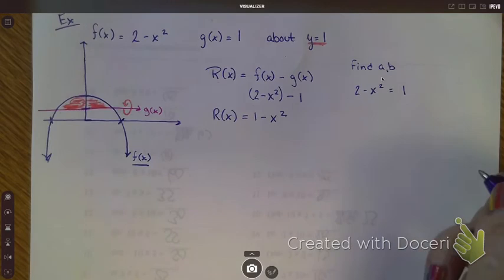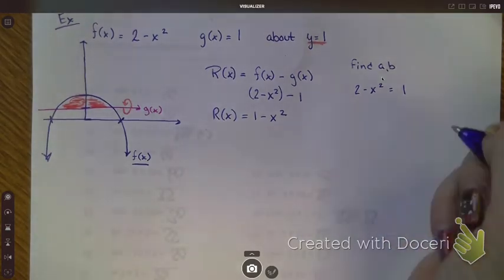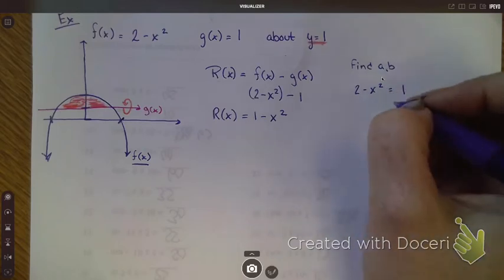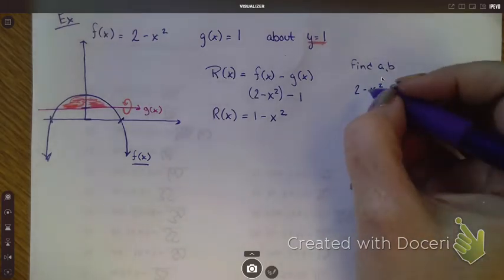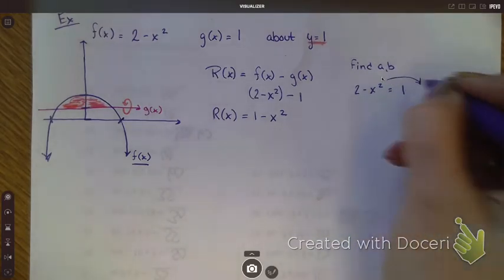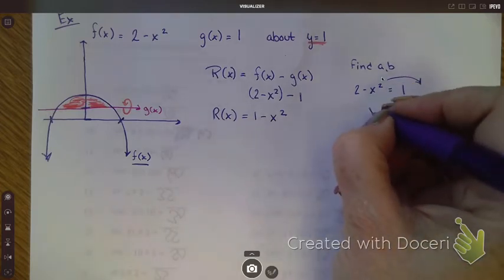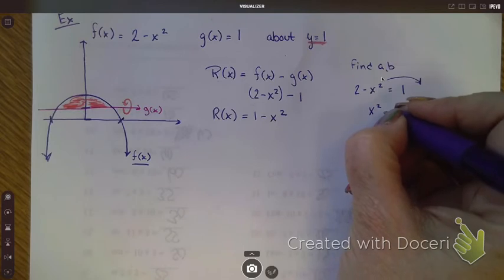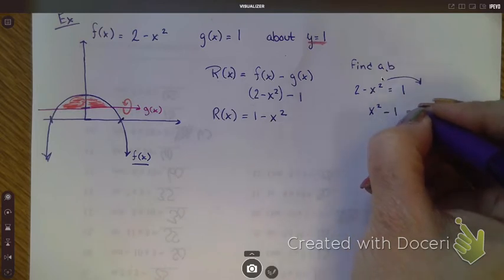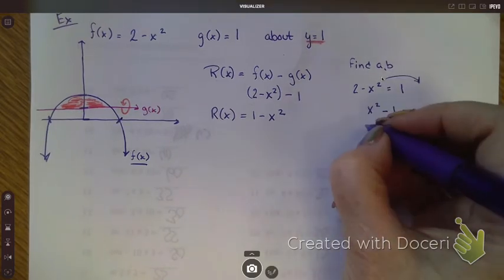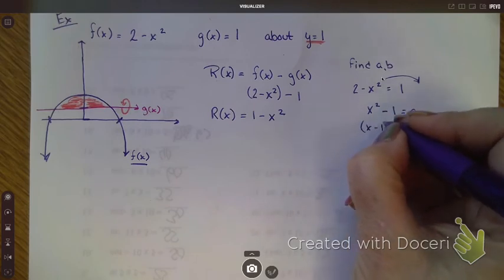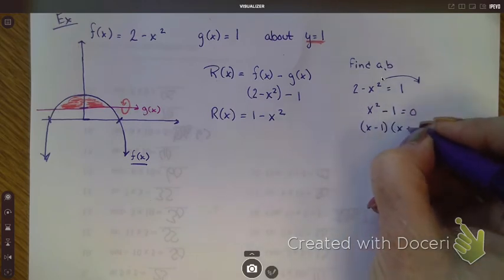It didn't tell me where my a and b were this time, did it? So since I have x squared, how about I move everything over this direction? Sound good? So I have x squared minus 1, don't I? Equals 0. So that would be x minus 1 and x plus 1.